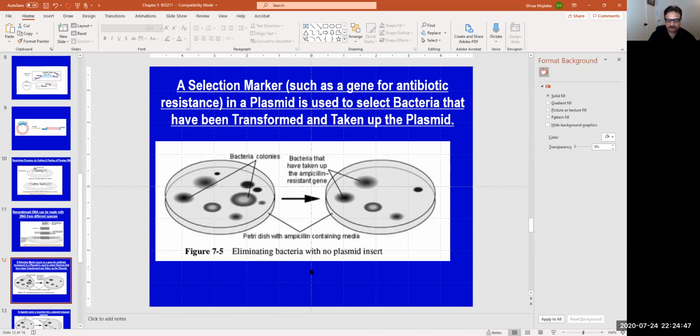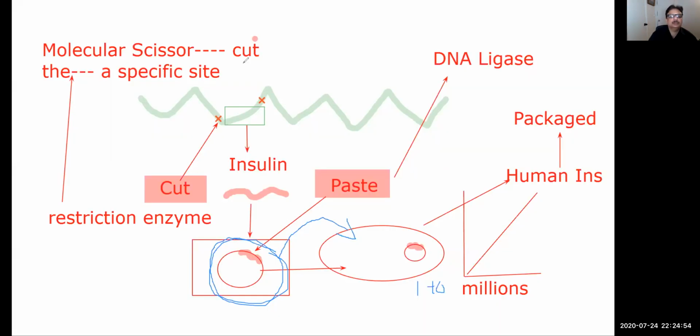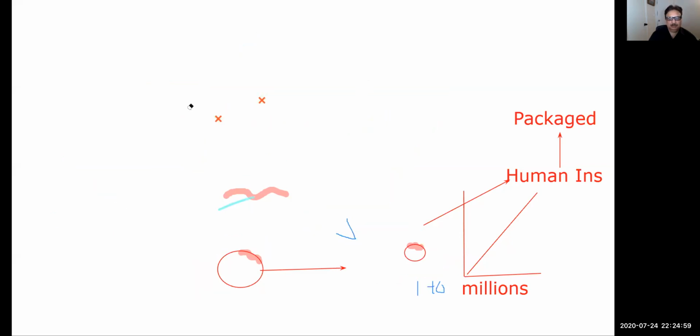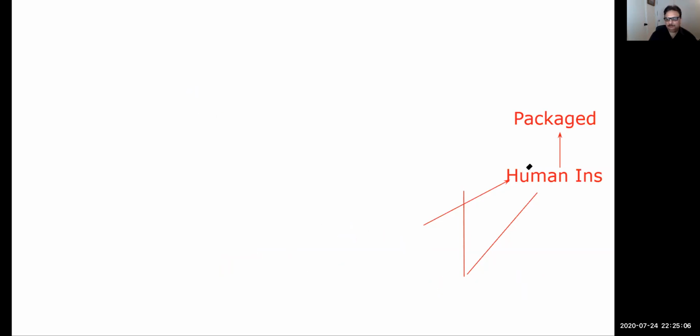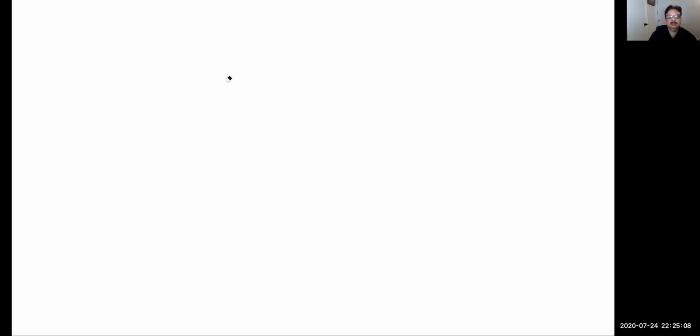So the concept is this: let's say you take a bacteria which has only the main DNA, with no plasmid DNA.